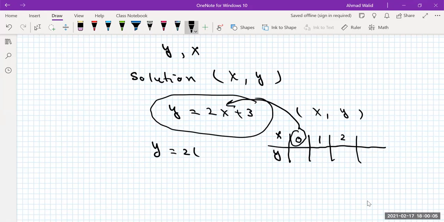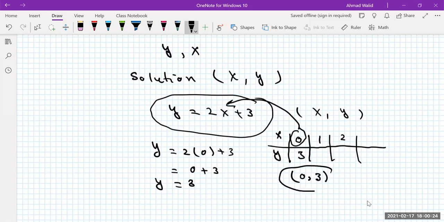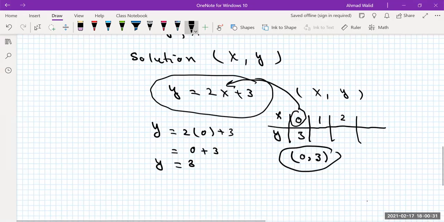Y equals 2 times 0 plus 3, which gives you 2 times 0 is 0, plus 3, Y equals 3, right? When X is 0, Y is 3. You see, you got an ordered pair. And this is one of the solutions of this equation, correct?